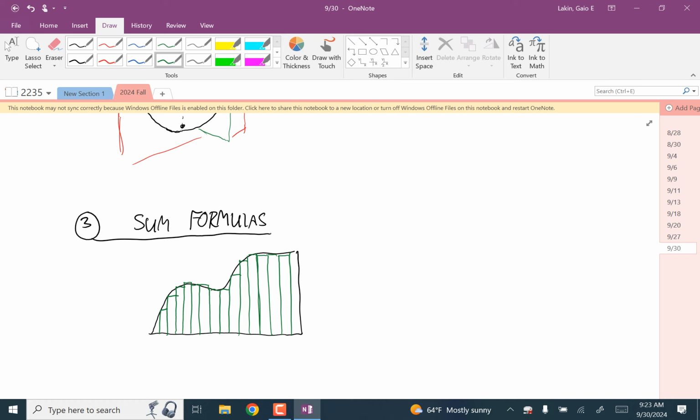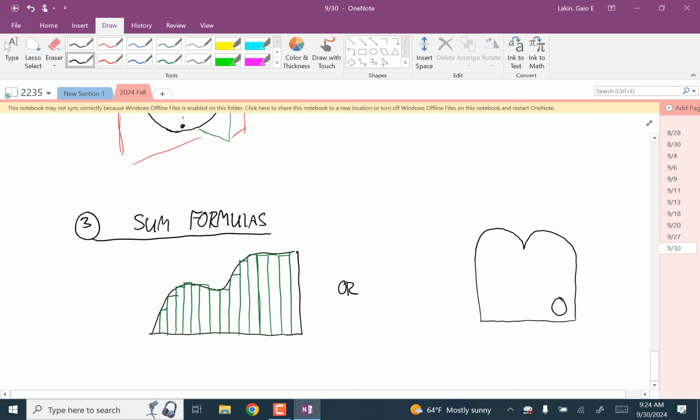This is just a way to approximate complicated shapes. And sometimes you don't have to approximate. What if you just had a shape like this or something? I don't know what that is. Toast? It is like toast with holes in it.